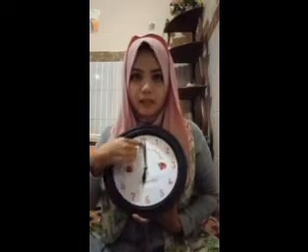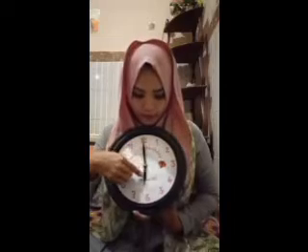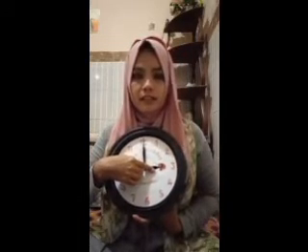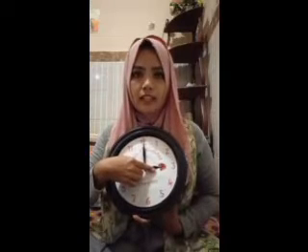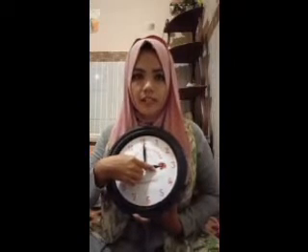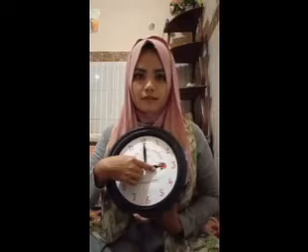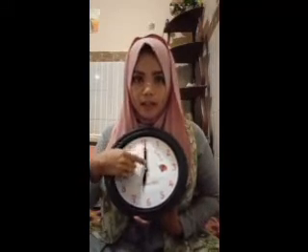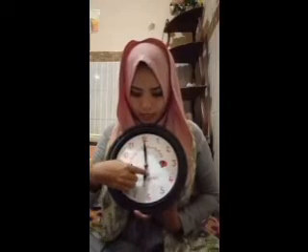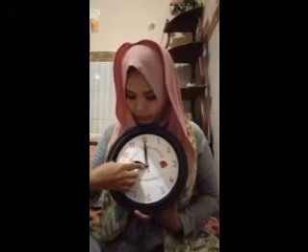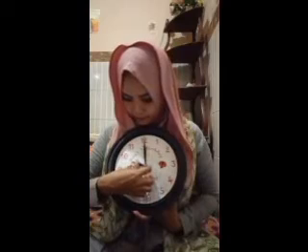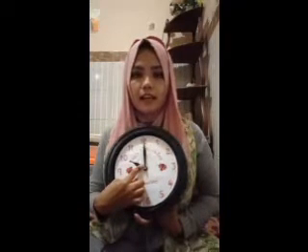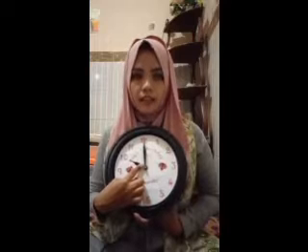If the minute hand points at 12 and the hour hand points at 3, it is 3 o'clock. If the minute hand points at 12 and the hour hand points at 10, it is 10 o'clock.